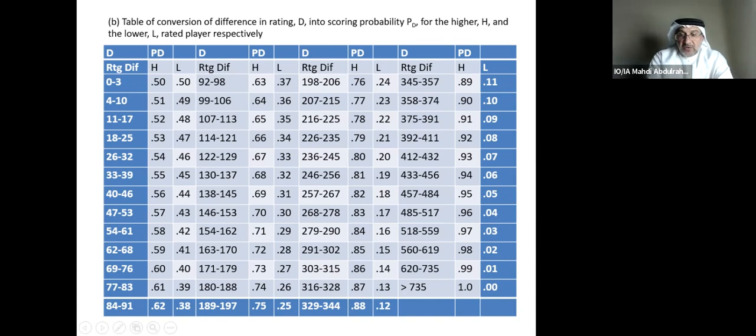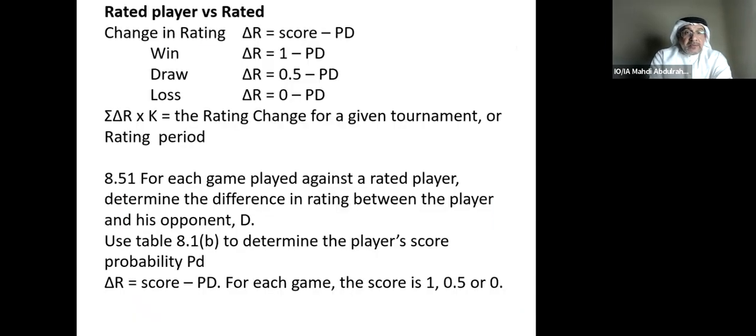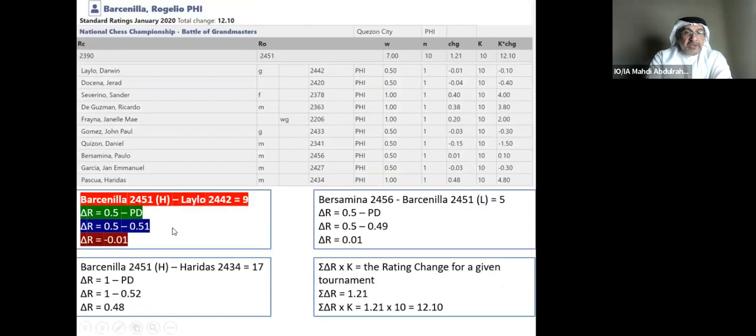Now, back to our calculation. He drew, so half a point minus 0.51. Where is 0.51 from? From the table. Then we make our calculation: half minus 0.51, the rating change will be 0.01 in minus.